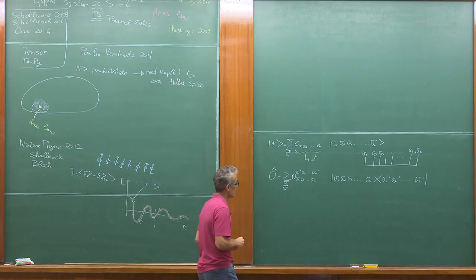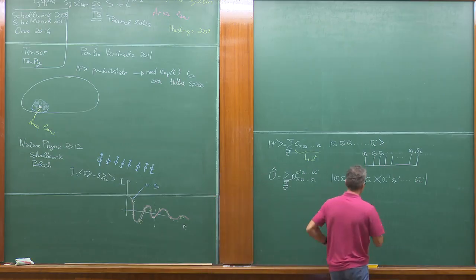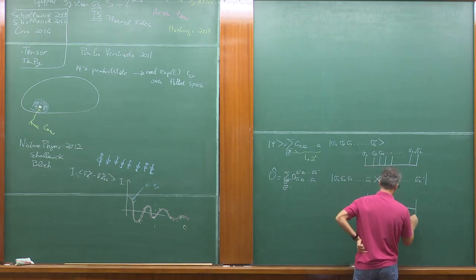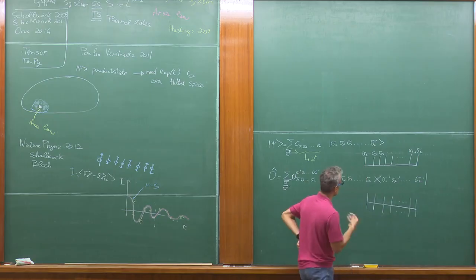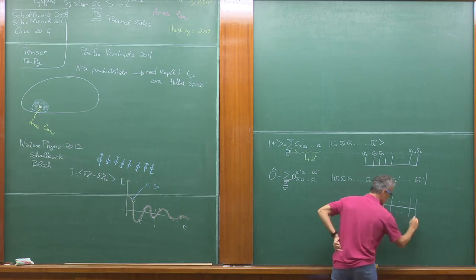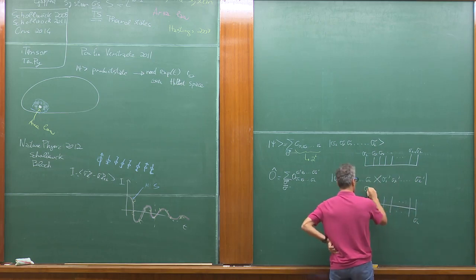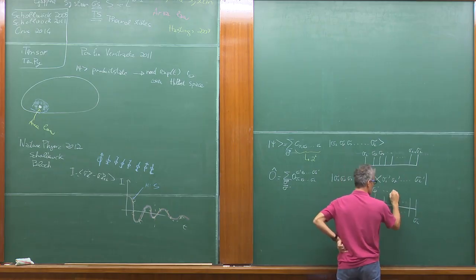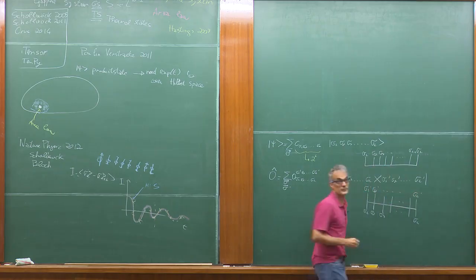And I can draw this in this way. Okay, so I will have sigma 1, sigma 2, sigma 3, sigma L, sigma 1 prime, sigma 2 prime, sigma L prime.